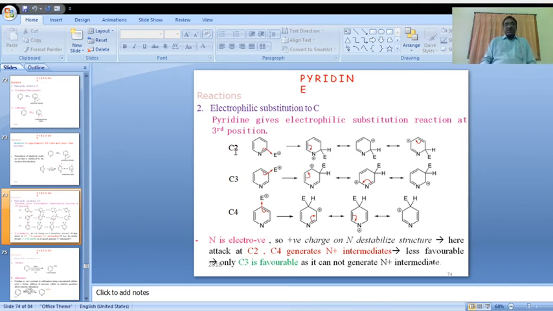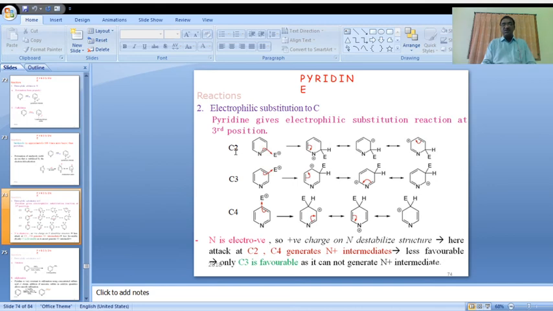generally pyridine electrophilic substitution reactions. Various reactions, examples: nitration, sulfonation, acetylation, all those reactions. The electrophile, the positive charged species, generally attacks the C3 position.